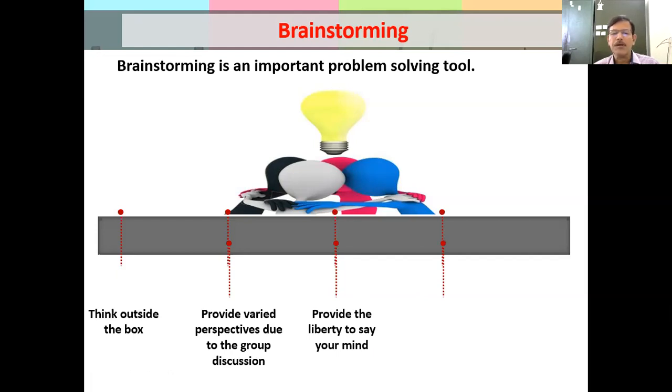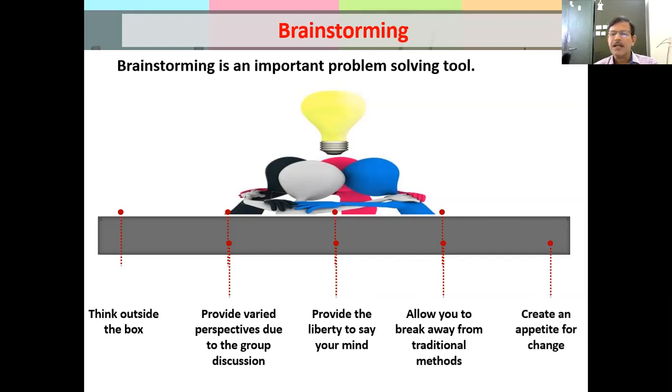On an unrestricted basis you go on giving the possible solutions. Then it allows you to break away from traditional methods, and you are using the latest method called brainstorming. Then it creates an appetite for change. Appetite means there is a lot of scope for change in a brainstorming exercise. These are all the salient features of brainstorming.